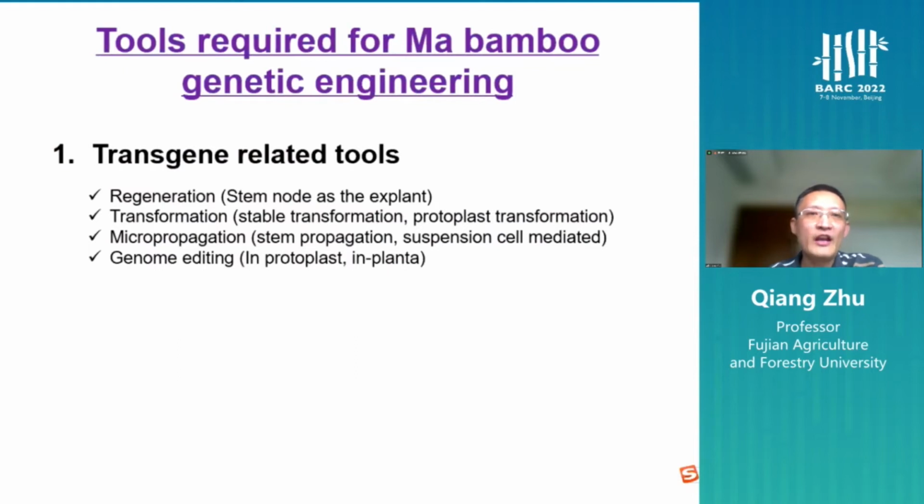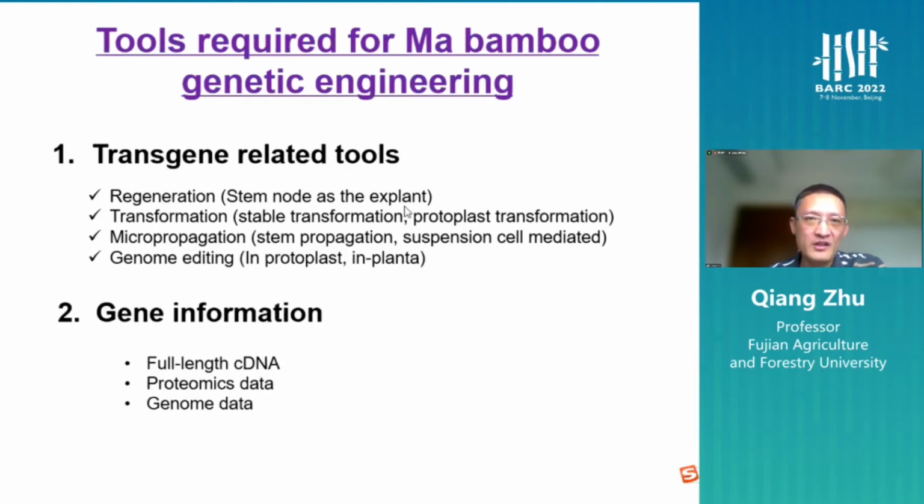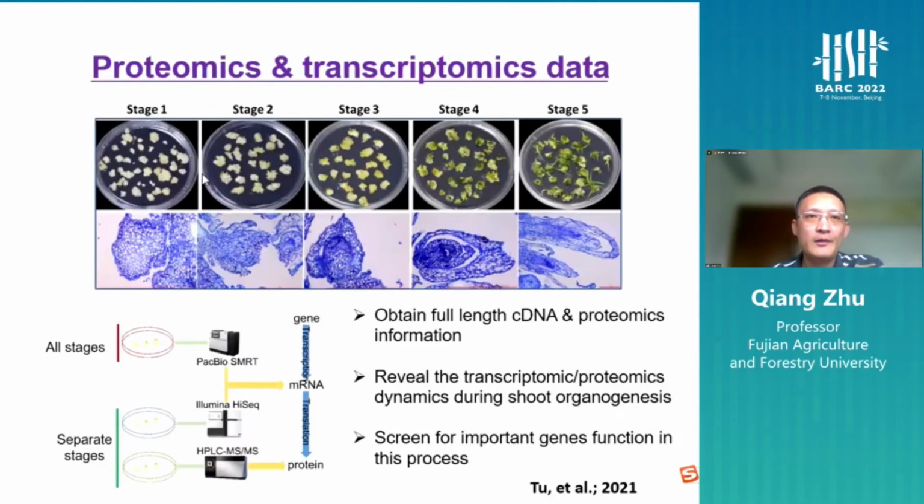So now we have the transgene-related tools for bamboo genetic engineering. But if you want to perform genetic engineering, you also need the gene information, such as full-length cDNA or proteomics data, as well as the genome data. So first, we want to generate the proteomics as well as the full-length cDNA transcriptomic data.